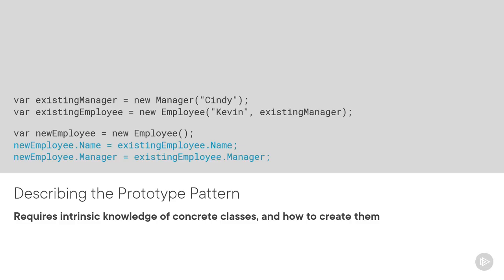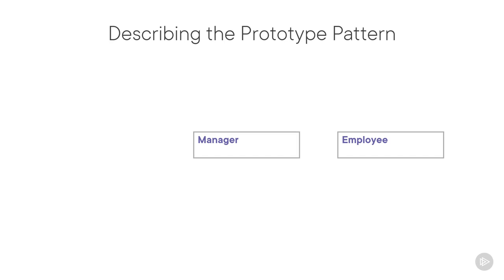But that requires the client to have intrinsic knowledge of the concrete classes we're working with, employee and manager. It also needs to know how to create them. We can go about this in another way as well. We could create a method on our employee and manager classes, clone, that will return a copy of itself.